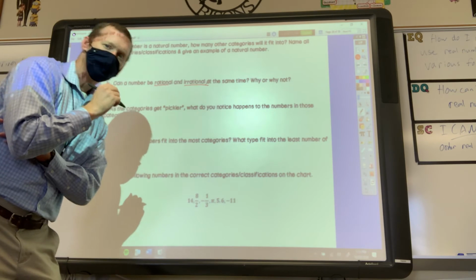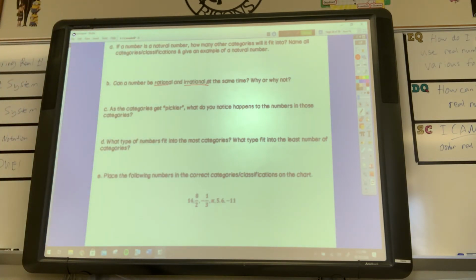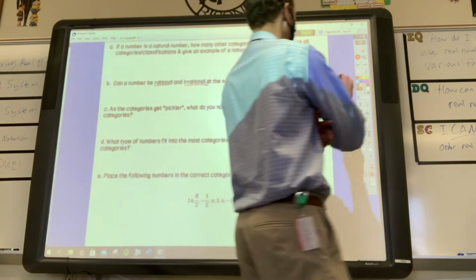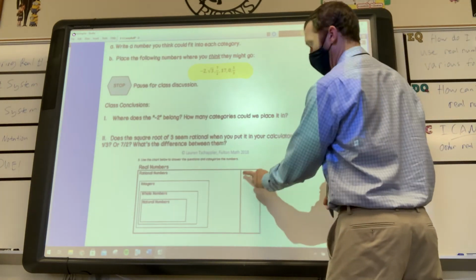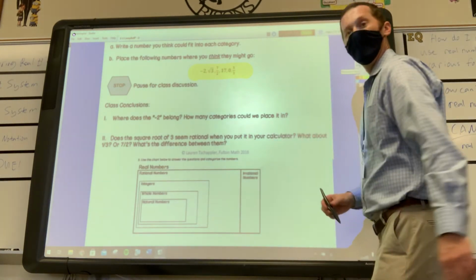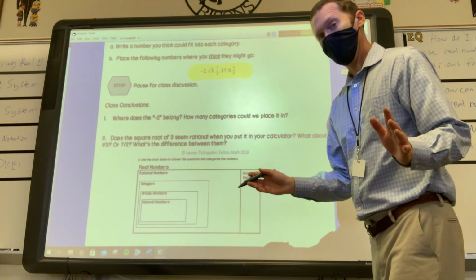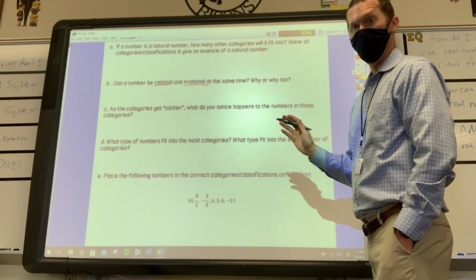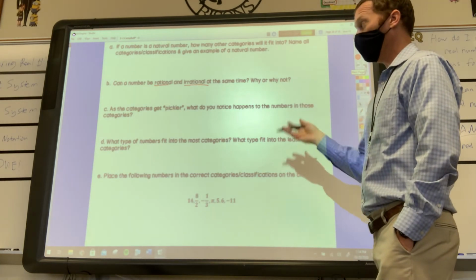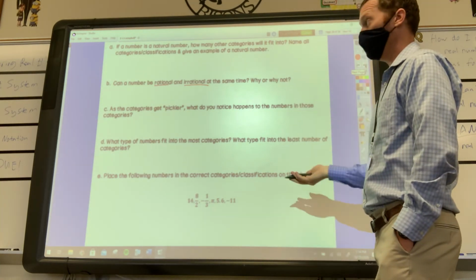Think about that. I hope you noticed that on the chart itself, there is a line separating the irrationals from the rationals, and nothing can cross over that line. So the correct answer to that question is no, it cannot be rational and irrational. It either can be a fraction or it can't be a fraction.